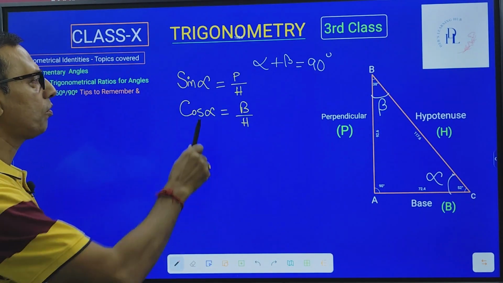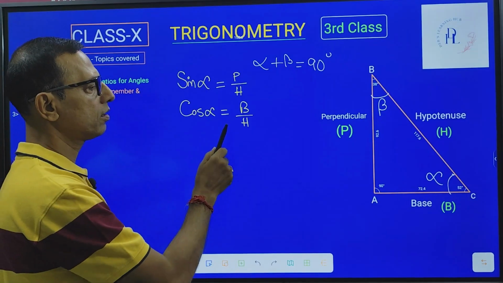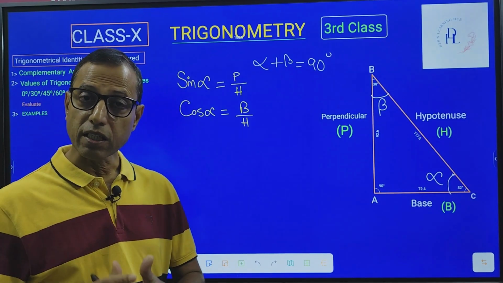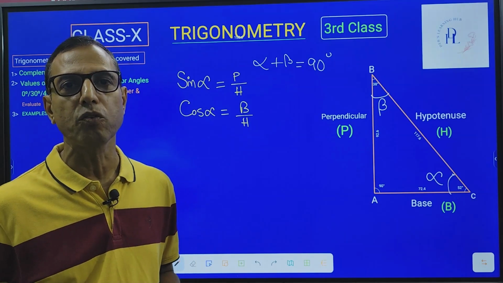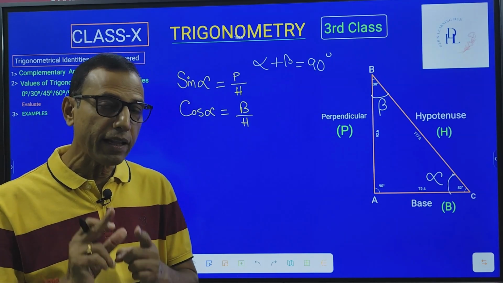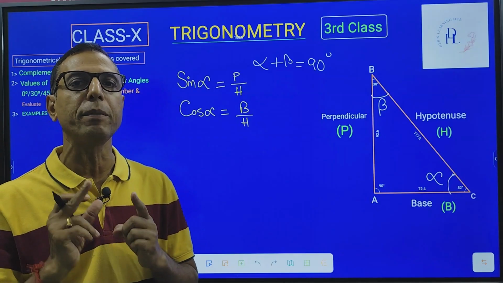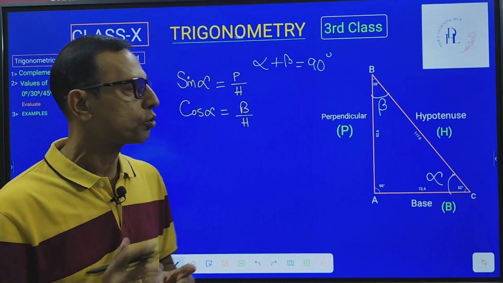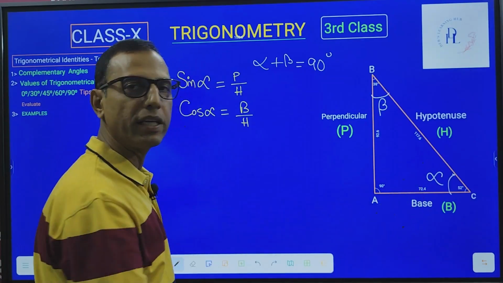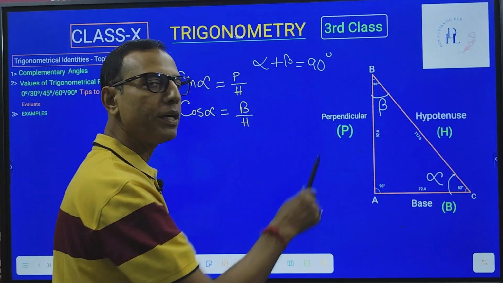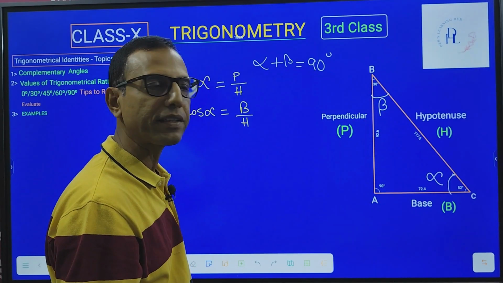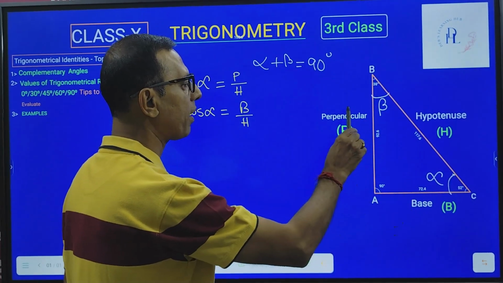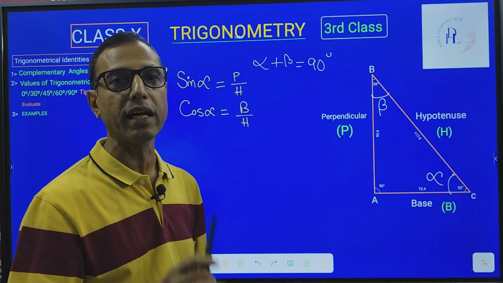By this time you already know what sine theta is. Whenever you consider sine theta, tan theta, cos theta, any trigonometric ratio, that angle is considered the angle between hypotenuse and base. These angles are complementary to each other, because the hypotenuse is fixed in a right triangle but base and perpendicular can interchange.